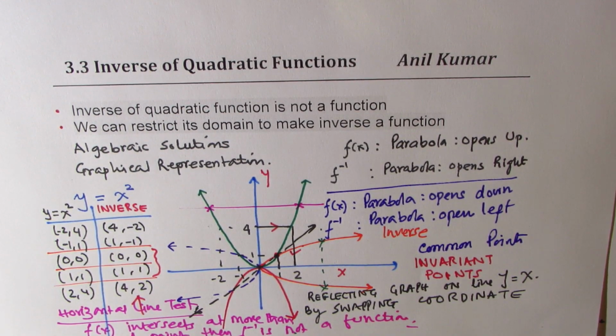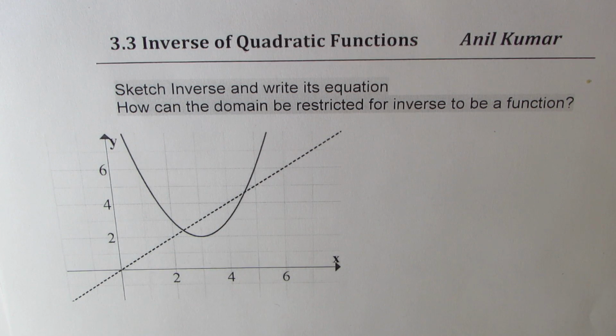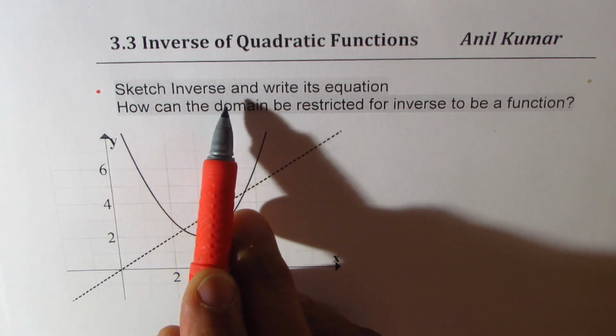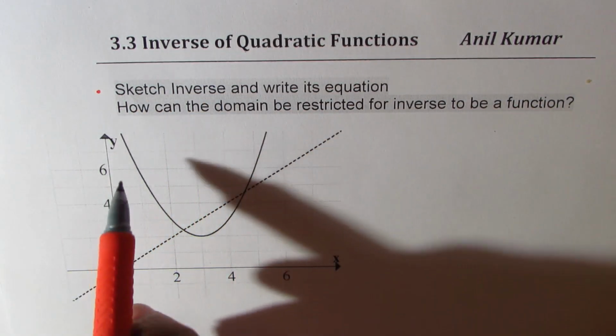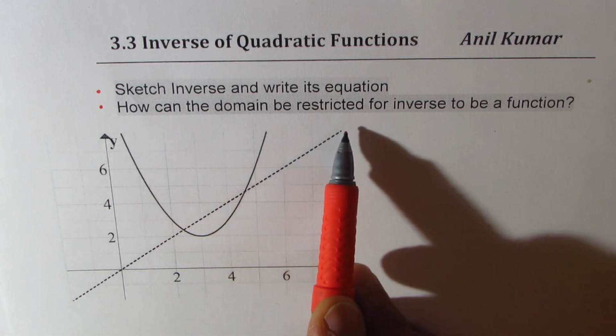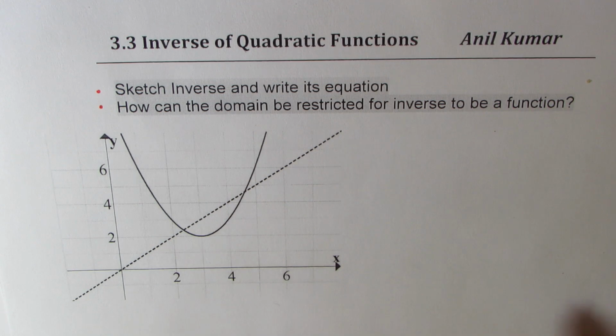Perfect. So with this, discuss how to find inverse of a quadratic function when the graph is given to us. So the question here is to sketch inverse and write its equation. Second part of this question is, how can the domain be restricted for inverse to be a function?